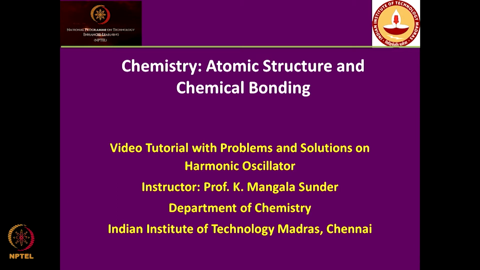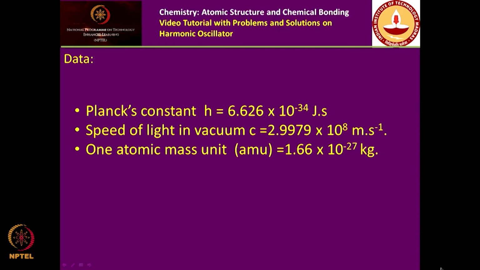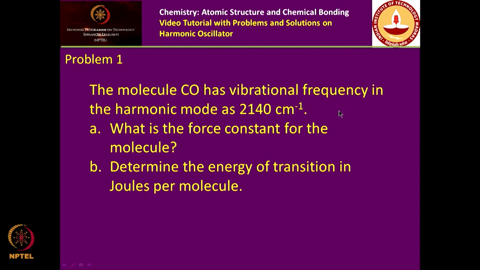So, this is on harmonic oscillator. Remember the data that you have to keep in mind. The Planck's constant, speed of light, and the atomic mass unit are the three important fundamental constants we will need for this lecture. The first problem is using the harmonic oscillator model and approximating the molecular vibration as a simple harmonic motion.